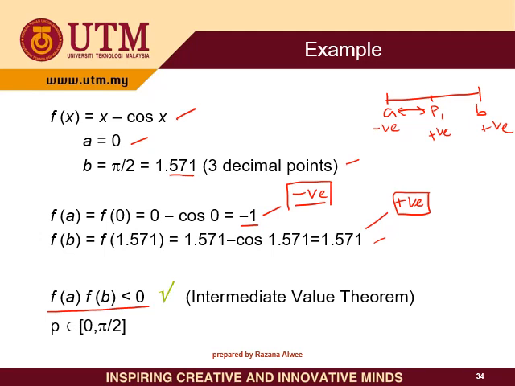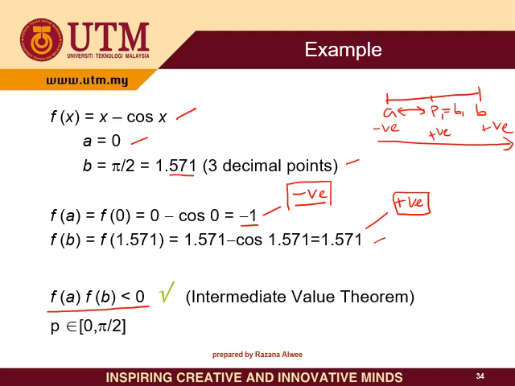Alright, so that's why the p1 will be the new b1 for your second iteration. We will discuss this later in the next slides, but I just want to inform you. Take note of the sign. It is not always a negative and b positive. It depends on the question.